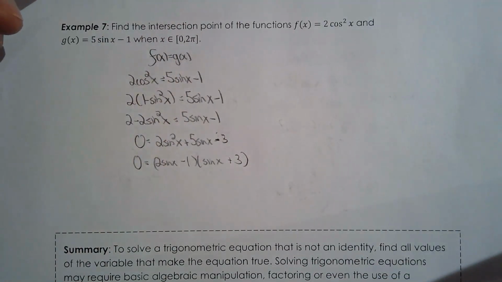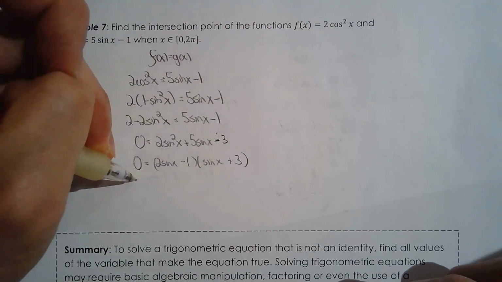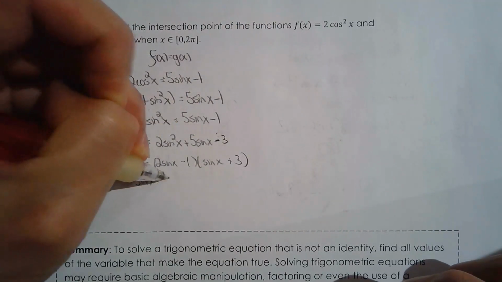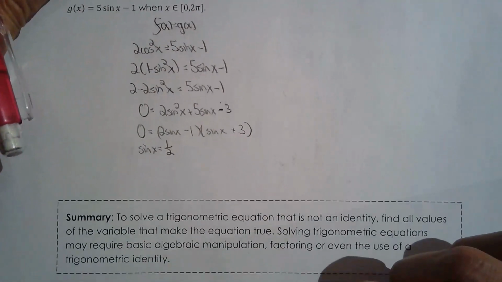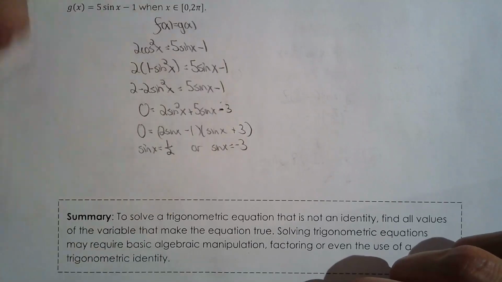It's just a complex trinomial, really. So sine x is equal to half, or sine x equals negative 3.